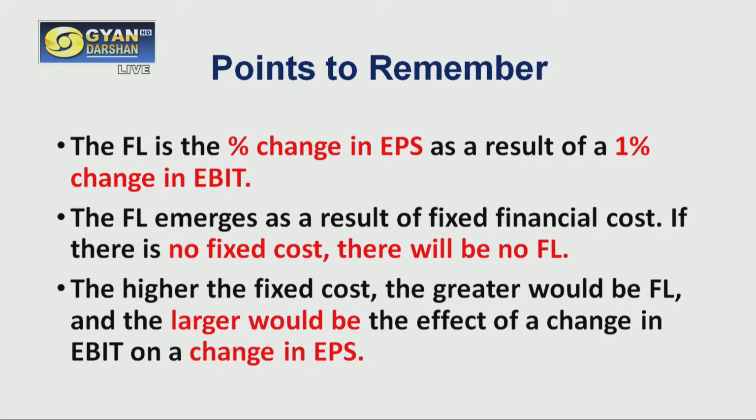Our fixed financial cost here is the fixed charge. So if there is no fixed charge, there will be no financial leverage at all. The higher the fixed cost, the greater would be our financial leverage, and the larger would be the effect of change in EBIT on change in EPS.